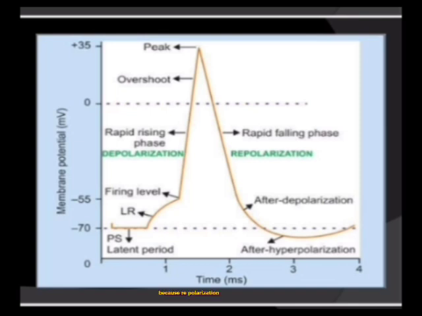Because repolarization simply means that the cell is returning to its resting membrane potential.